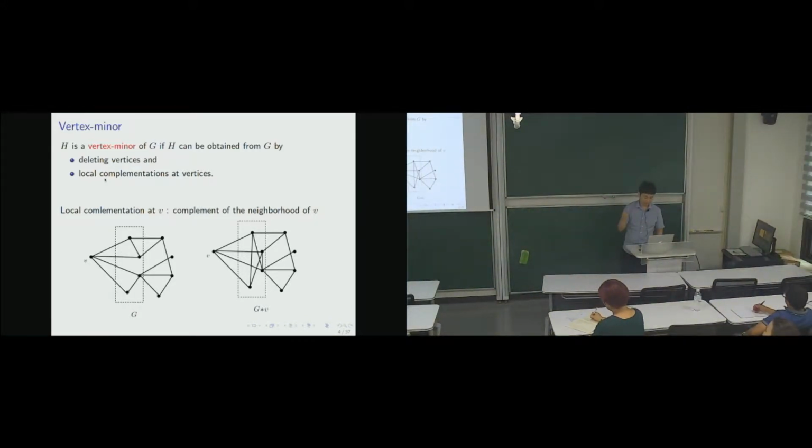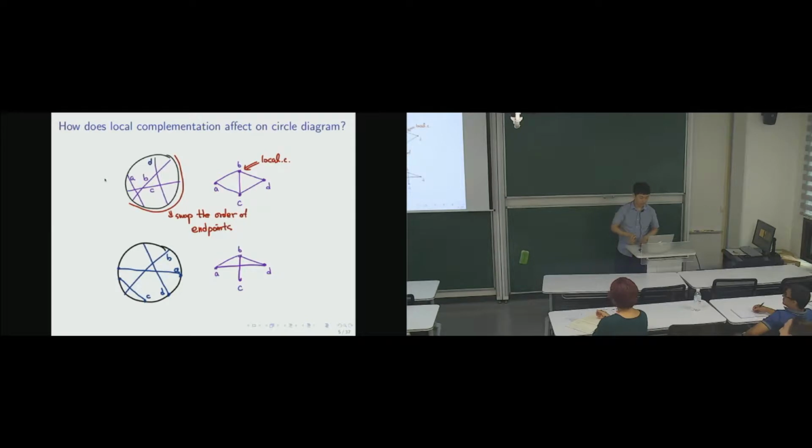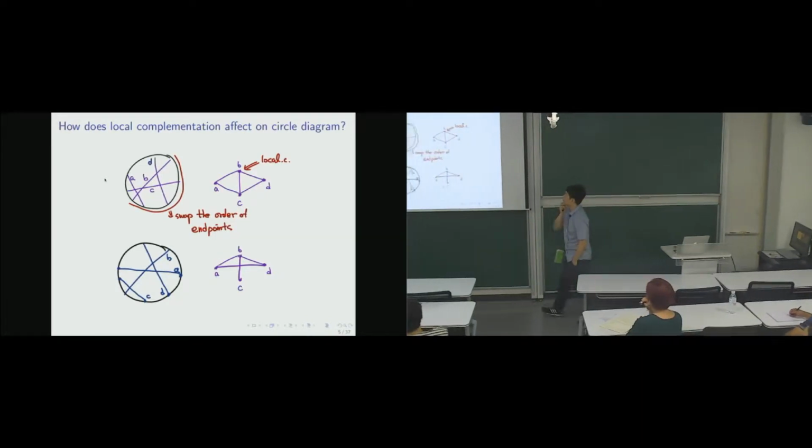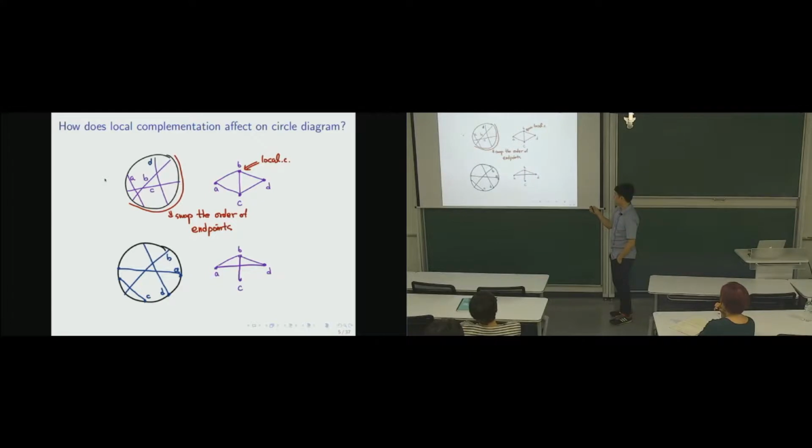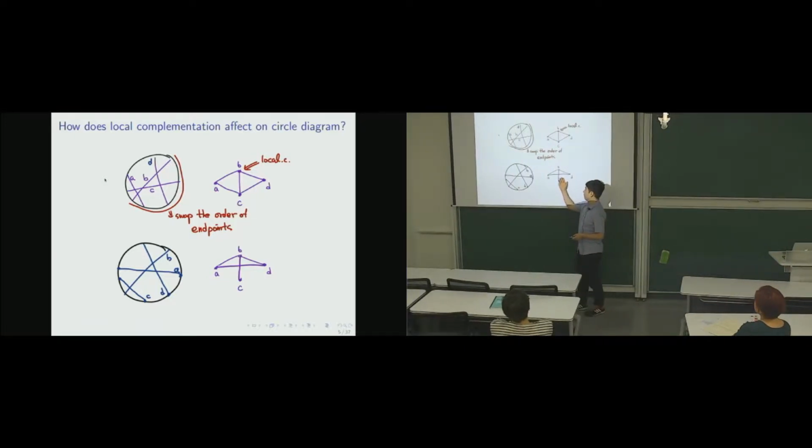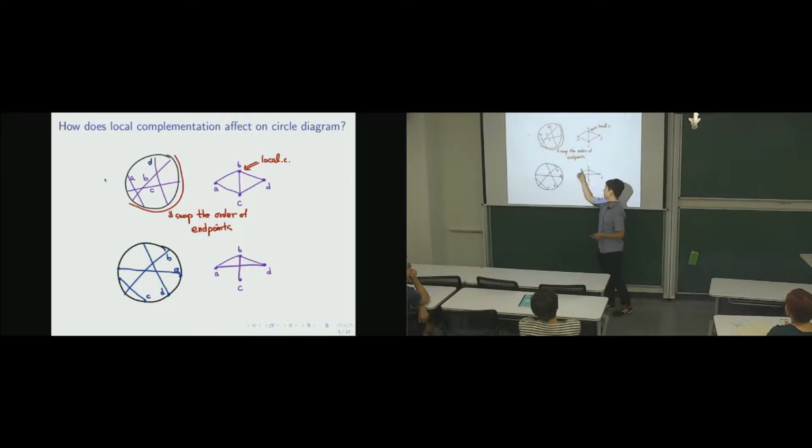So why is the vertex-minor interesting? It looks like local complementation is a weird operation, but it's very natural in circle graphs. Actually, Bouchet observed that local complementation preserves the circle diagram. So I want to see here. In this graph, I want to take a local complementation at B, and then the resulting graph looks like this. But I can obtain a circle diagram of this graph from the circle diagram of the original graph.